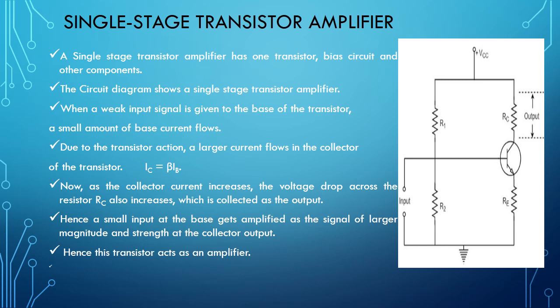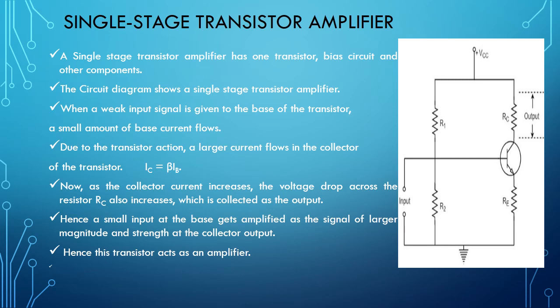When a weak input signal is applied at the base of this transistor, a small amount of current flows to the base. Due to the transistor action, a larger current flows in the collector of the transistor. Because we have the relation of the collector current and the base current, that is IC is equal to beta into IB, where beta is called the current gain of the transistor.